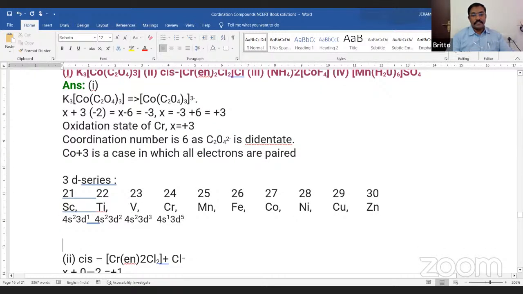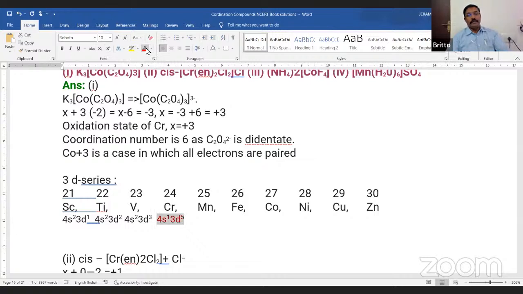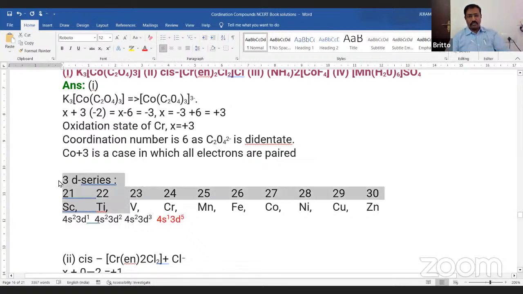I'm going to give this a different color, in dark bold letters, so that you remember chromium, and then copper behaves differently.